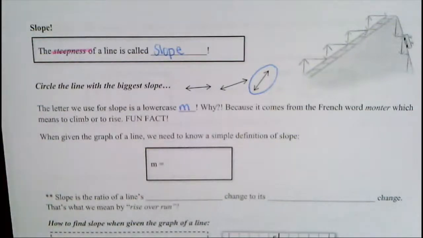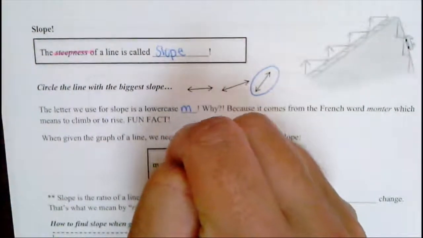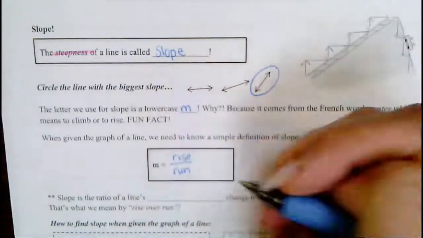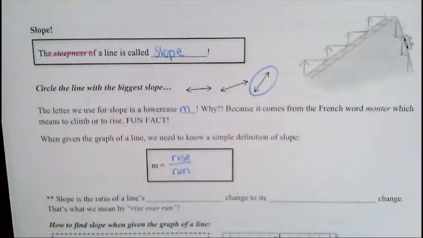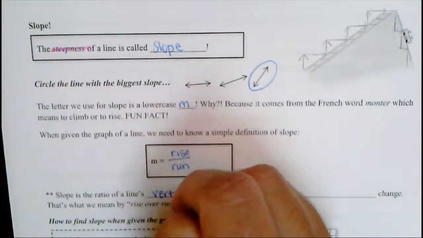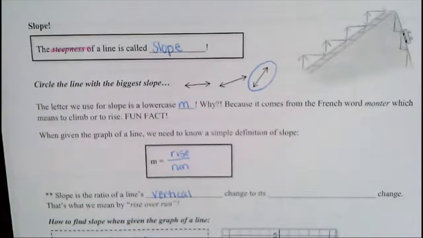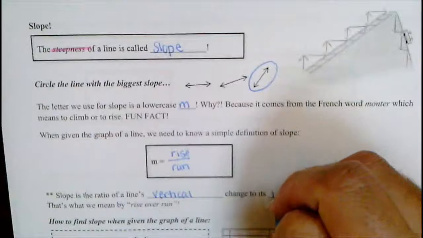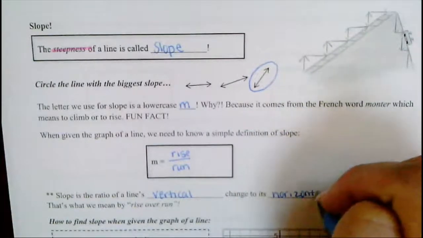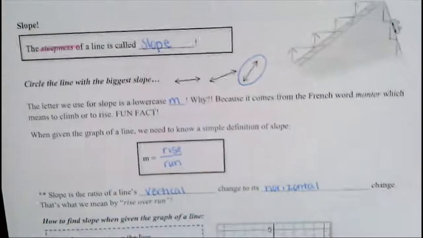You've heard rise over run repetitively over, hopefully, 8th grade. Slope is the ratio of a line's vertical change, that's your rise, to its horizontal change. That's what we are referring to when we say rise over run.